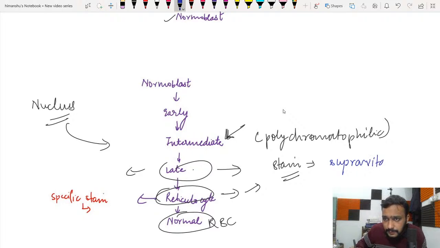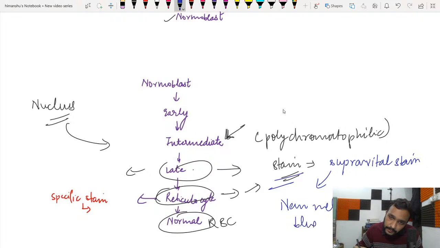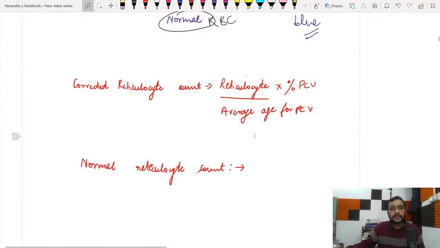This stain is specific for reticulocyte, and among supravital stains, new methylene blue is more specific.